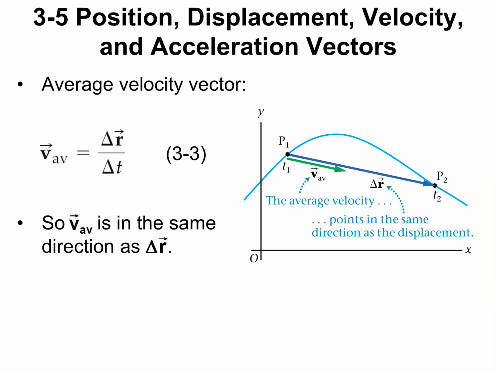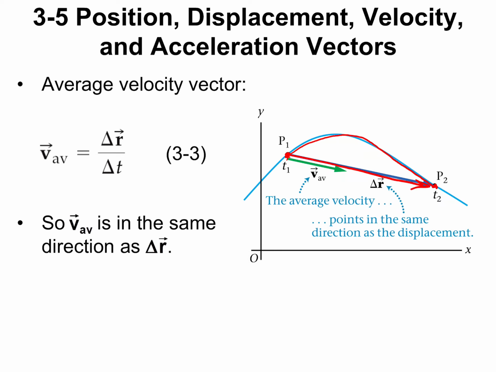So if we know the displacement, then we can figure out average velocity. What's average velocity? You start from here, and this is your trajectory. Then you move to here. This is your initial position, final position, and this is your displacement.